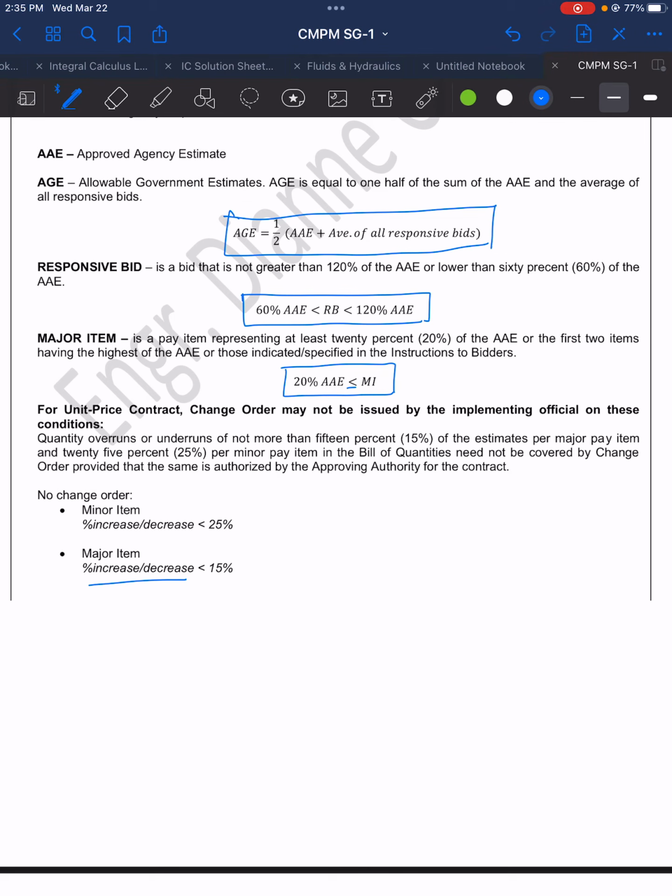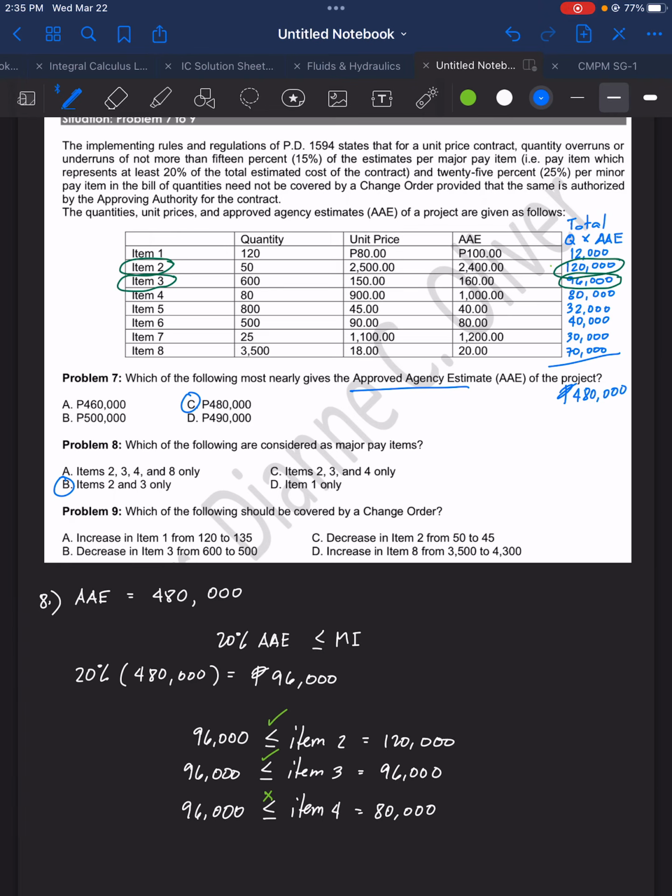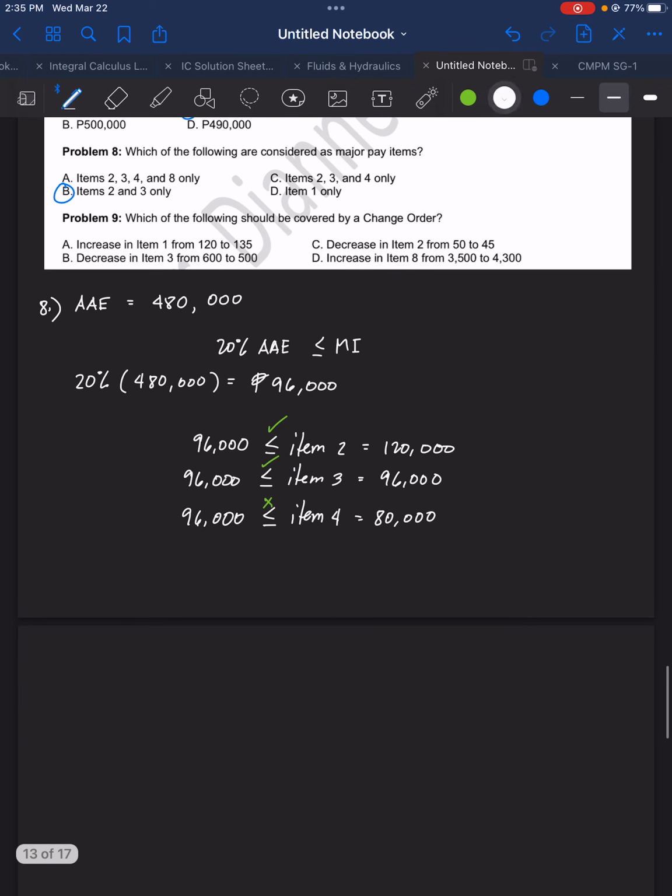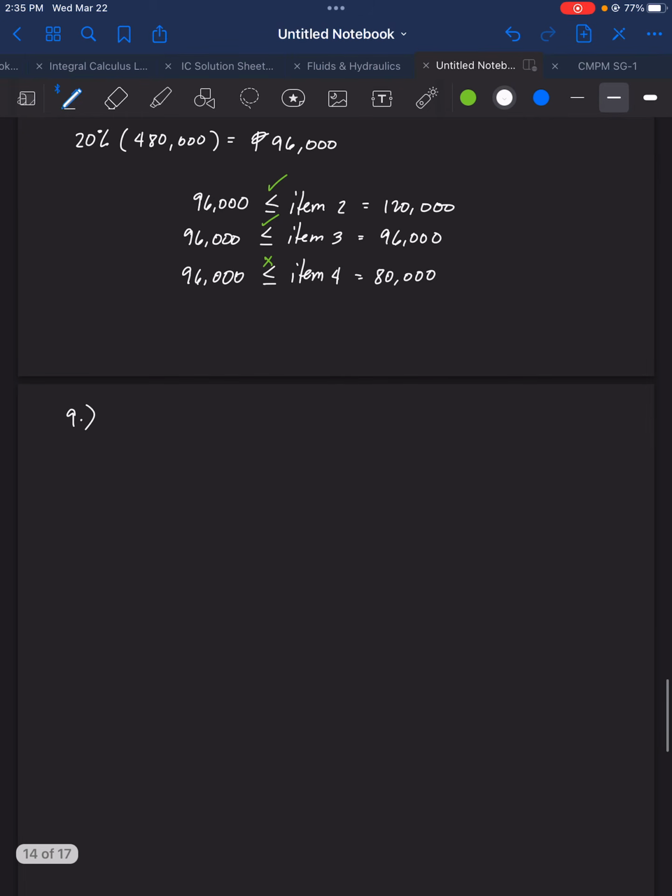For unit price contract, no change order should be given to a minor item whose increase or decrease in percent is less than 25%, or a major item whose percent increase or decrease is less than 15%. So let's see if we will allow choice A for a change order.